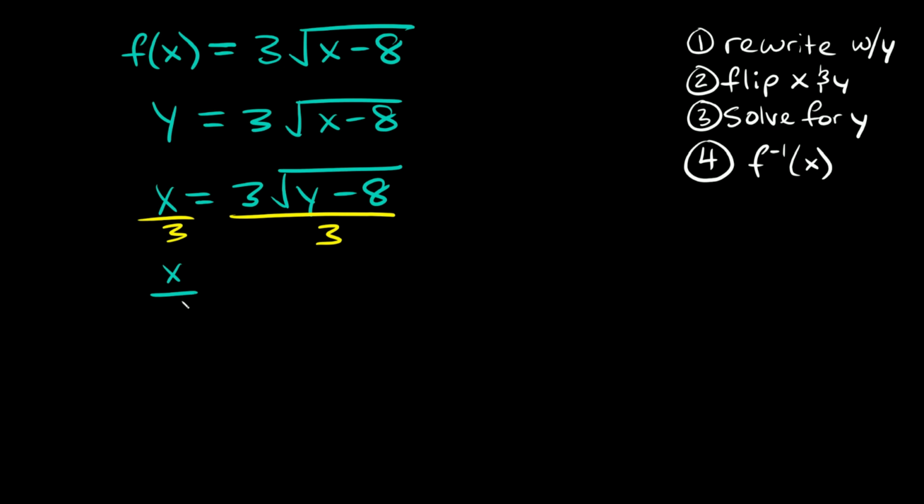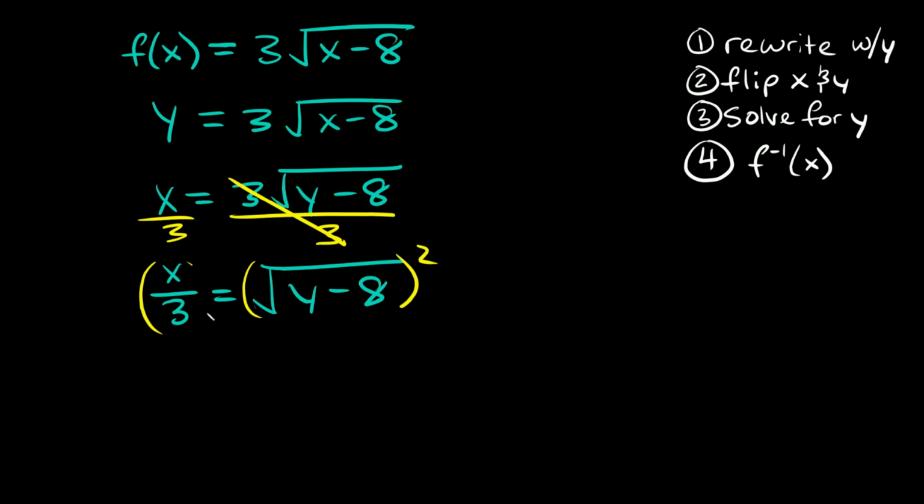So then we get x over 3 is equal to, those cancel out, the square root of y minus 8. Now in order to get rid of a square root, all you have to do is square it, and what we do to one side, we do to the other. So we have to square this whole side also.